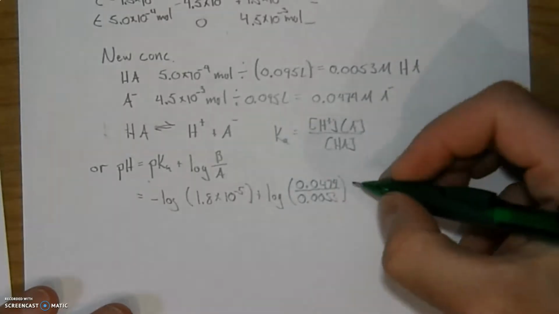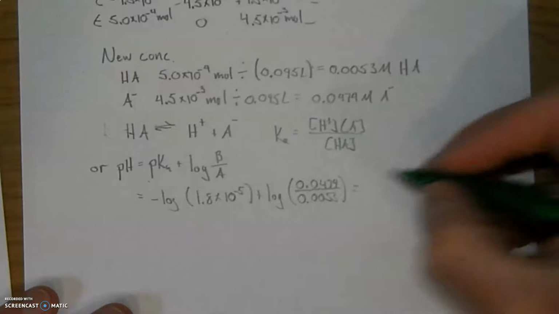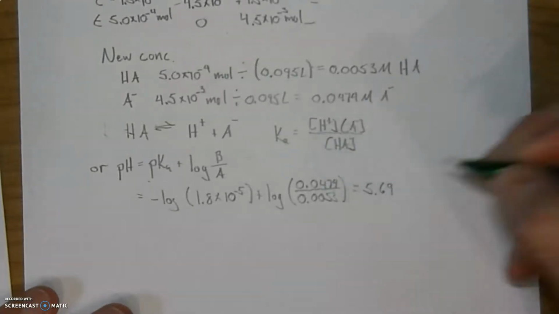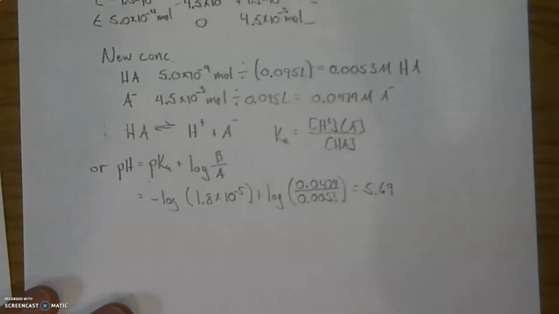If we run this through our calculator, we should get 5.69. Fantastic. That's the answer. Done.